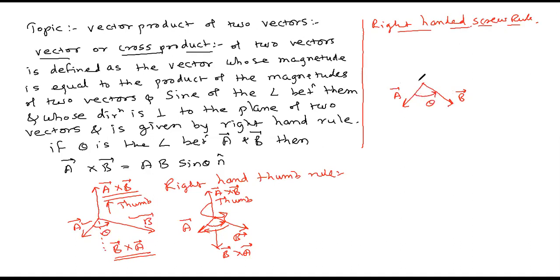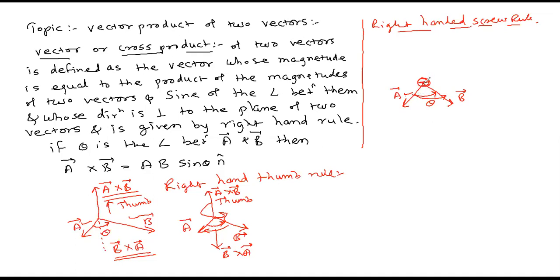Put the screw here. A right hand screw is placed with its axis perpendicular to the plane of A and B, and you rotate it from A to B through a smaller angle theta.